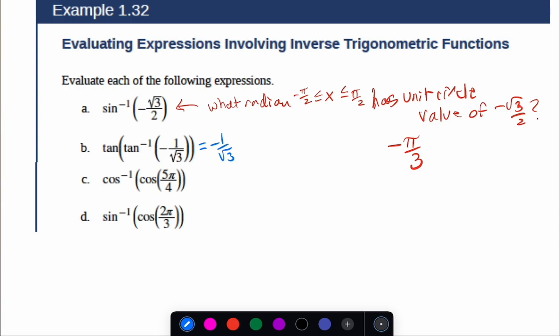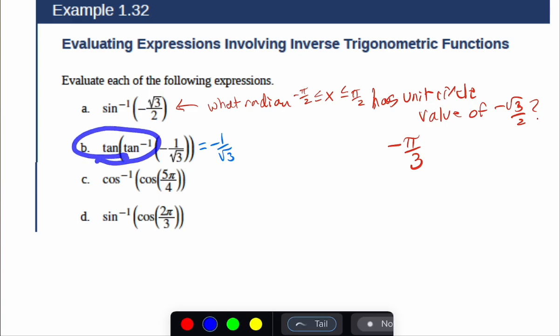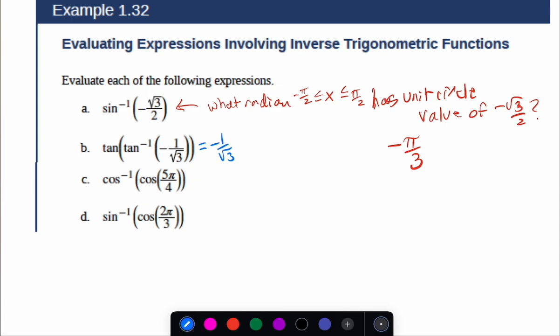You're going to say -1 over radical 3. So if these two things are exact opposites, they reverse themselves and go right back to what it started with. So they're inverses. The x becomes the y becomes the x. Remember that? That's what we learned about inverses anyway. So the same thing should hold true here. So that would be 5 pi over 4.